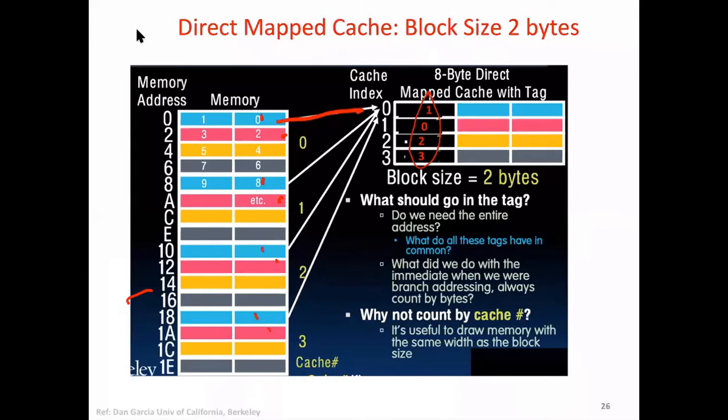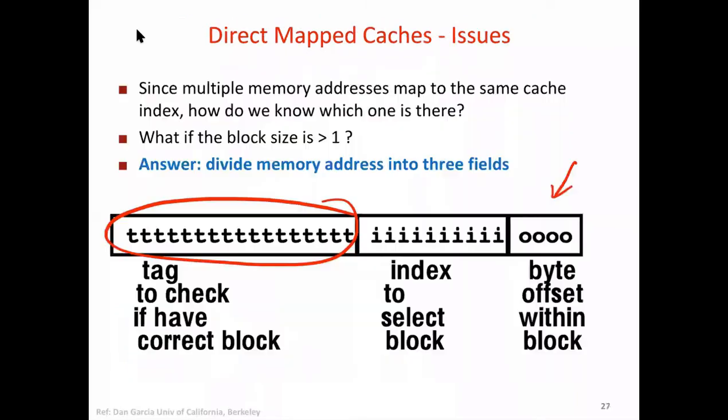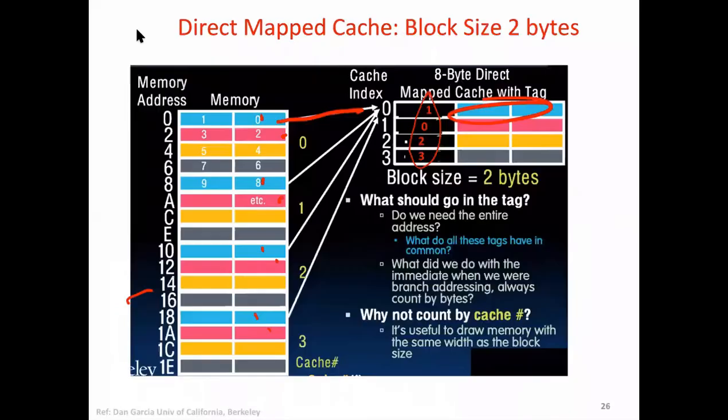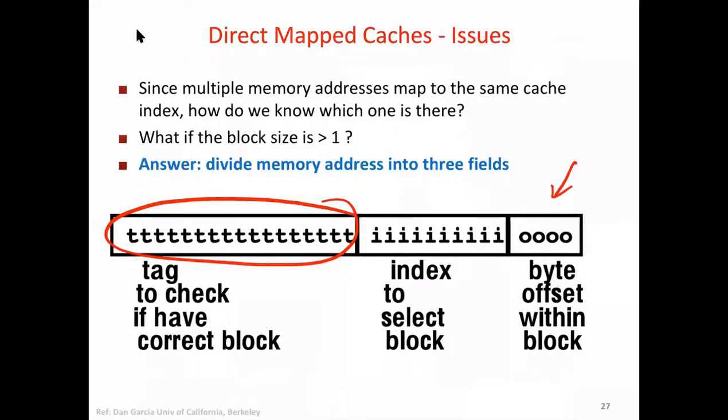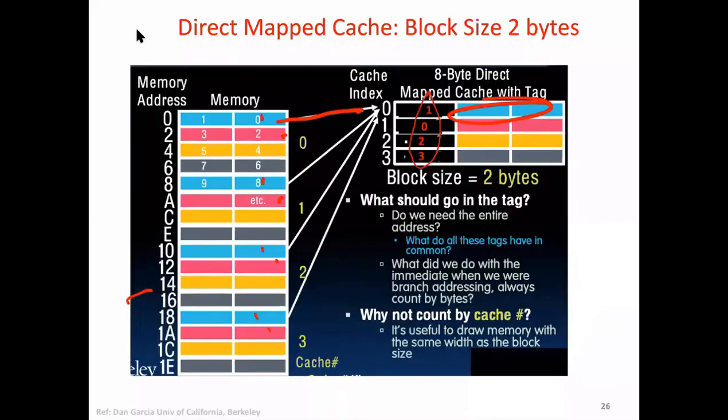Which one of these 4 blocks is available here? So obviously we'll need 2 bits to represent this, in this example. And then we have the index to select the block. Now in this case we don't have an index. We are using only one block of 2 bytes.